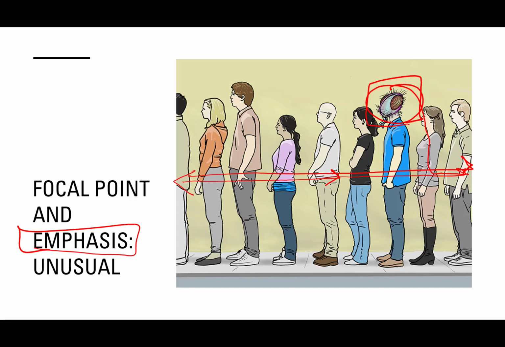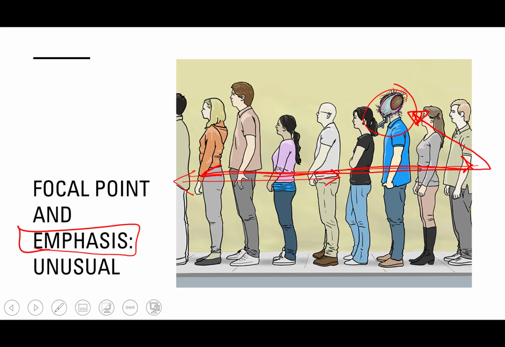There's individual pieces, but the emphasis is the whole of the artwork, until your brain registers that his face is that of a fly. And that's unusual, so you might go past it this way or this way, and then you get drawn back to it once your brain registers the unusual. And then it's a clear-cut focal point.